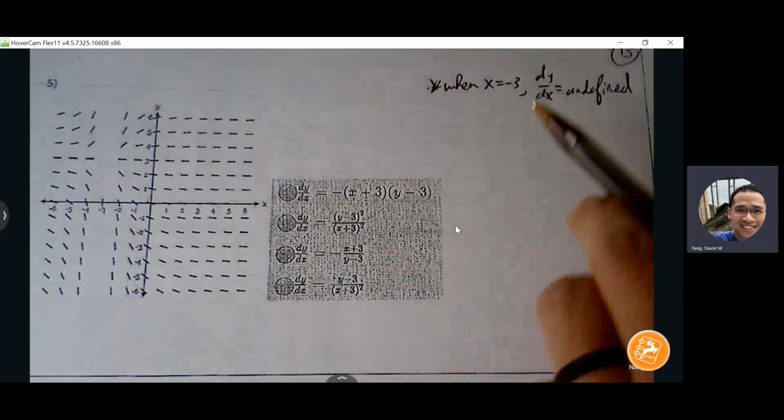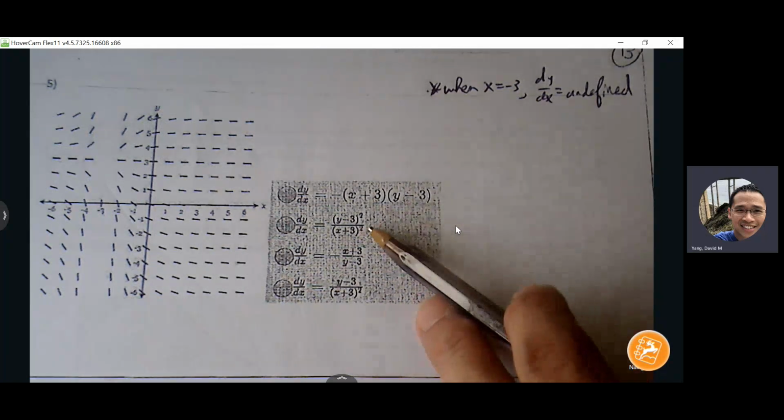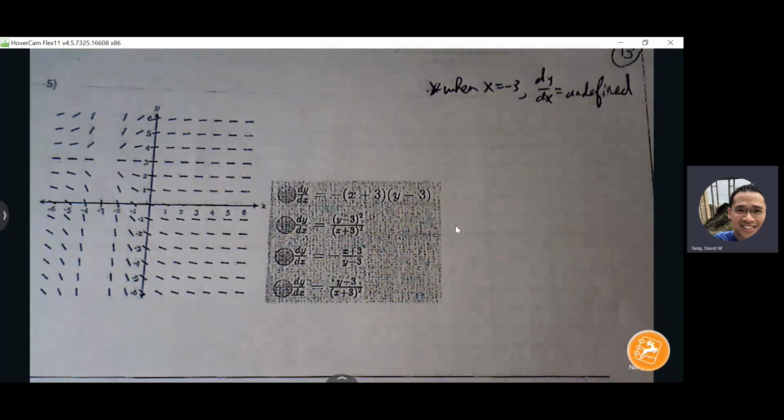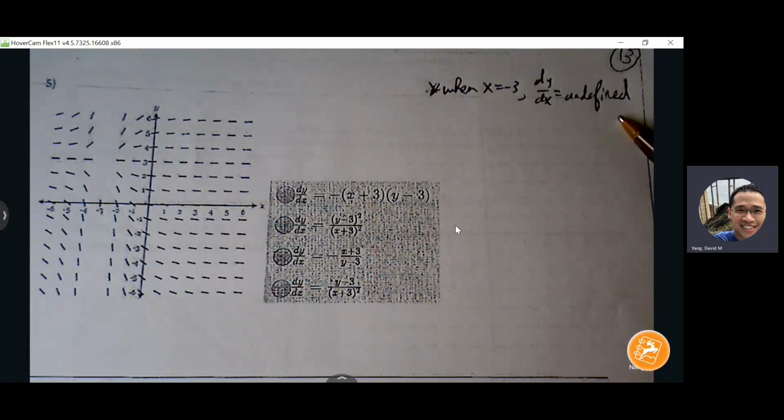So that means if I insert -3 into each of the differential equations, or into the correct one, I should always be getting undefined. So is there one that I can eliminate? Because we see that's not the case with our options here.